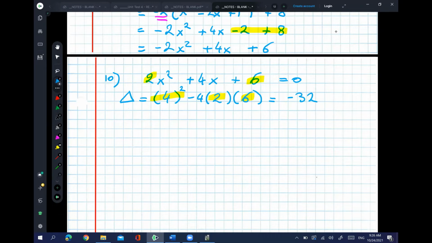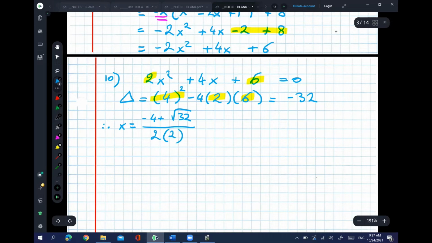So, therefore, I have x equals negative b, which is negative 4, plus the square root of 32, divided by twice a, so twice 2, or x equals negative b minus square root of negative 32 divided by twice a.